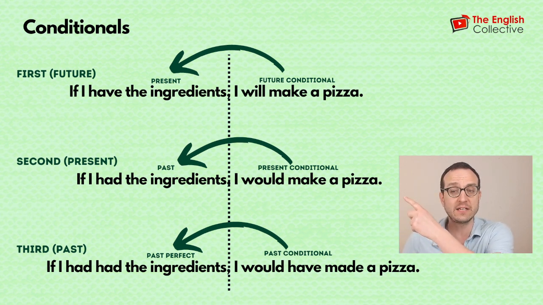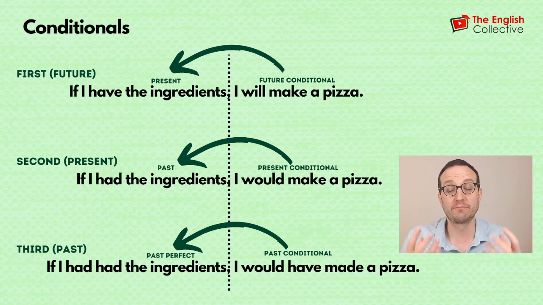Okay, and here in the second conditional, if I had the ingredients now, I would make a pizza. So I would make it now. This hypothetical, this present conditional. I would make it now. But again, we go back one step.